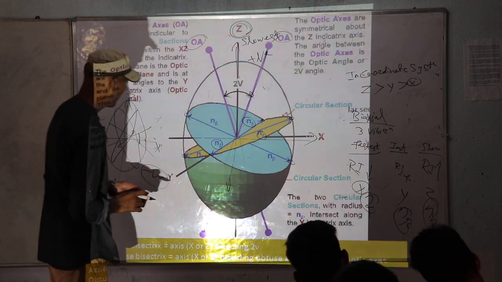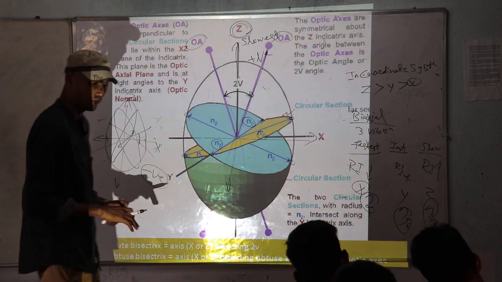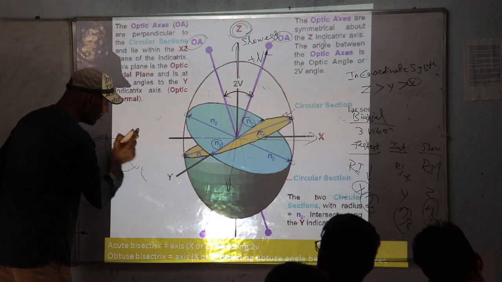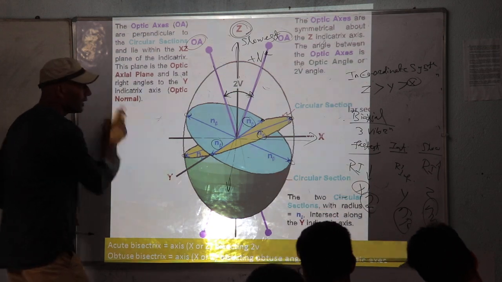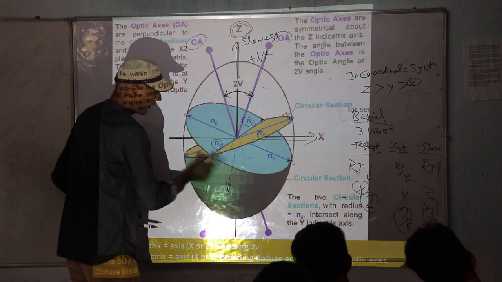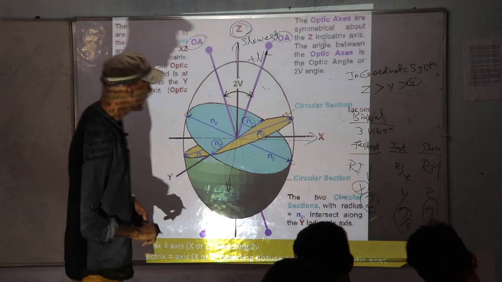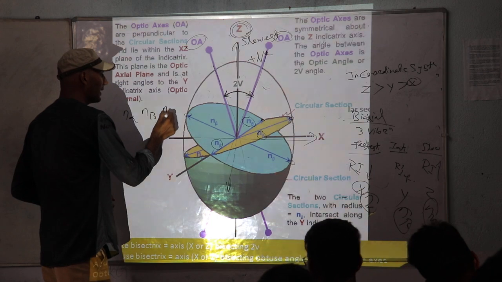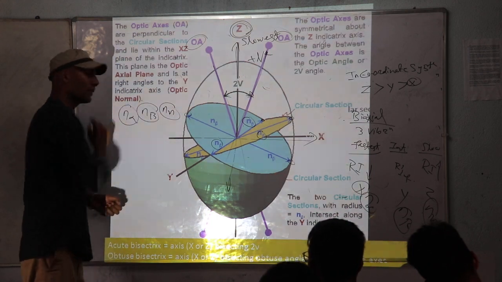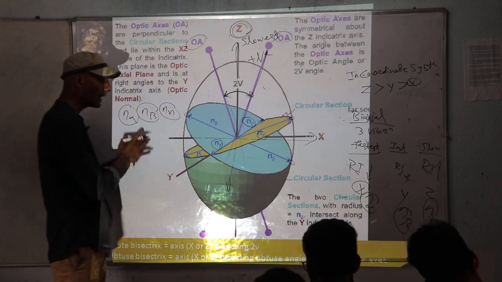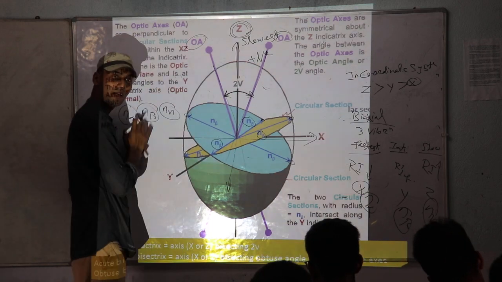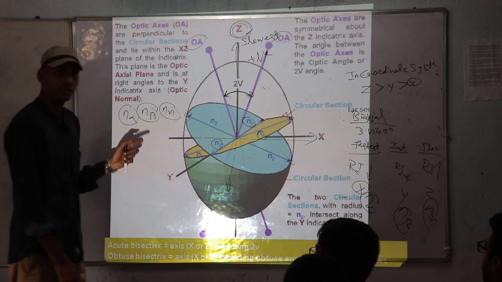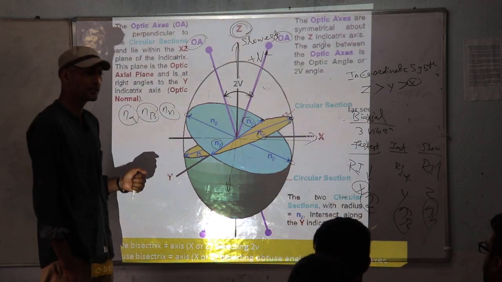So there is a formula you can relate to, to find out whether, if three values are given, that is n alpha, n beta and n gamma, if only these three values are given, you can calculate, without plotting the indicatrix, whether the mineral is positive or negative.